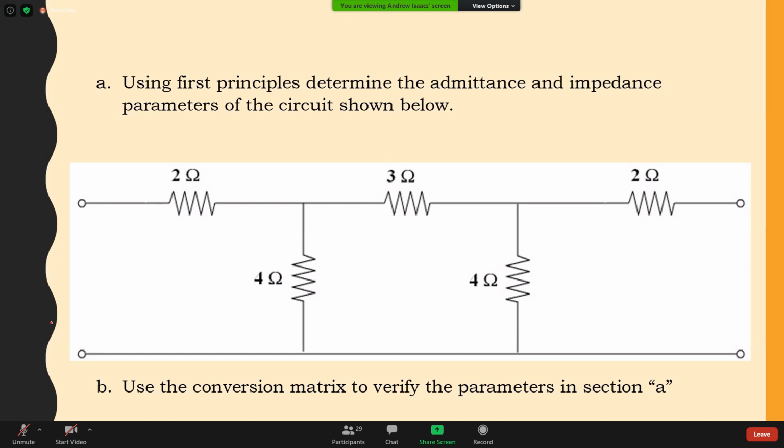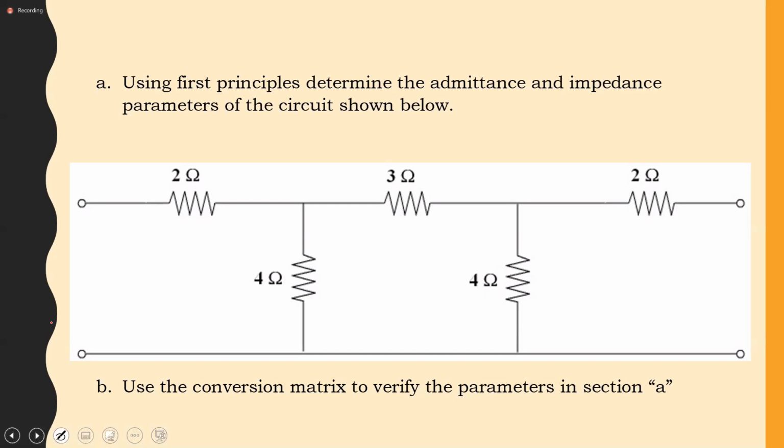A short circuit, sir. Sir, include I1, I2, V1, and V2. No, I'm asking what's the definition? We're talking about Y11. What's Y11? The short circuit impedance.